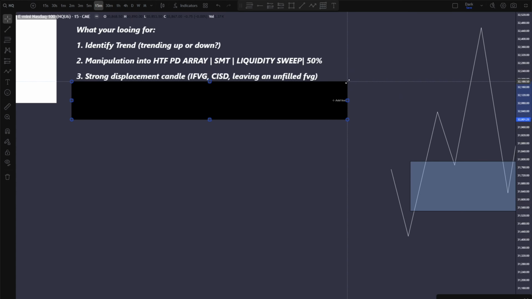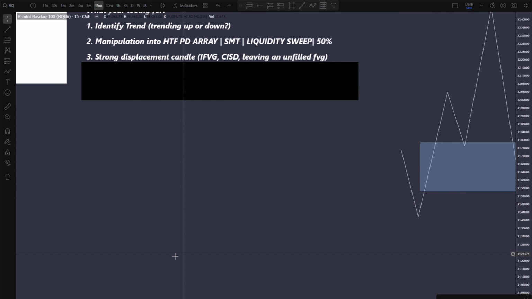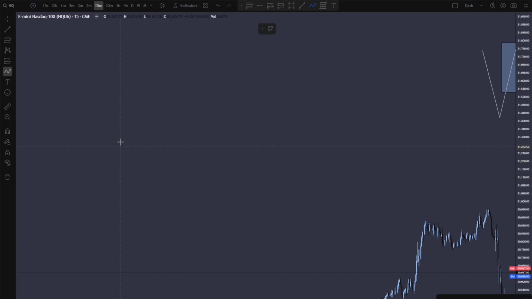So the third thing I'm looking for is a strong displacement candle, leaving an unfilled fair value gap. So usually when we displace higher, right, we're going to inverse usually a gap, break structure, and then leave an unfilled fair value gap. So this is what it's going to look like.